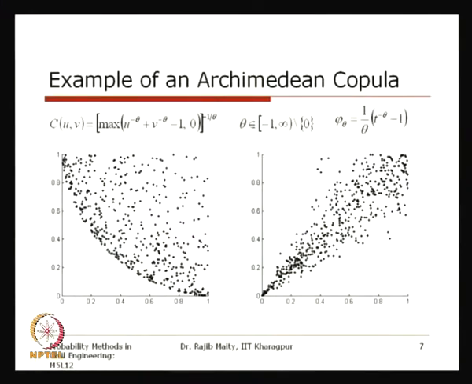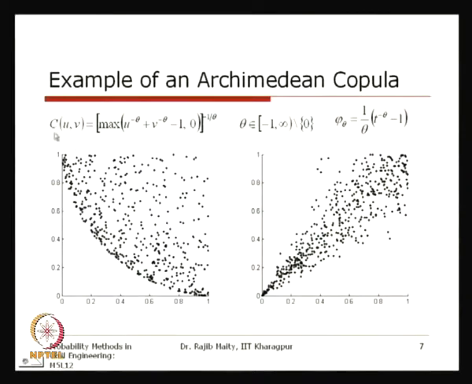This could be the complete procedure, and it depends on what value of theta, the dependence measure, you wish to take, and depending on that it can change a lot.